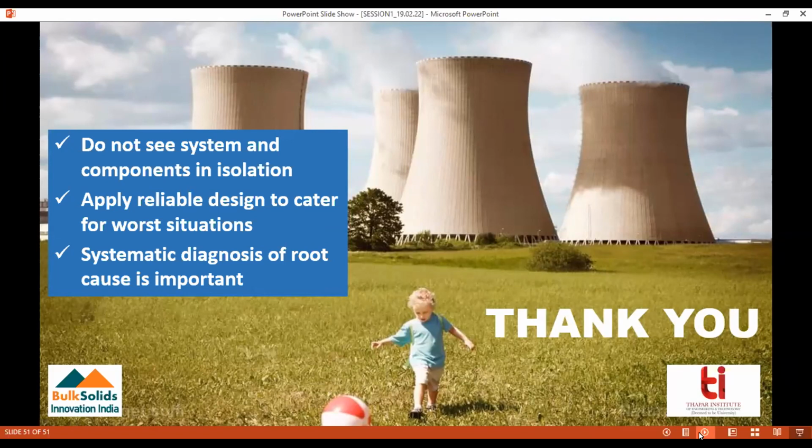You should test your powder to do proper diagnosis of the root cause. That is very important. You don't do a surgery without first understanding what is causing the problem. So first you do the diagnosis, and then you do the surgery, which is basically the troubleshooting at site. We'll cover that towards the end of Session 3.